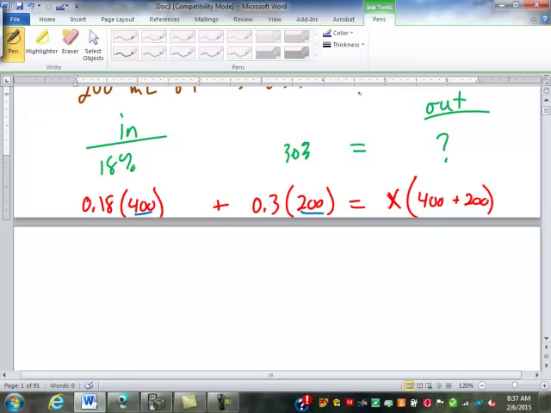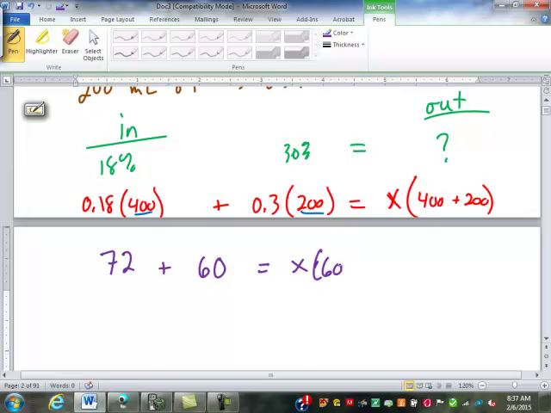Now we just have to work on solving the equation. So we have the 0.18 times 400 is going to be 72. 0.3 times 200 is going to be 60. Over here, x times 400 plus 200 is 600.